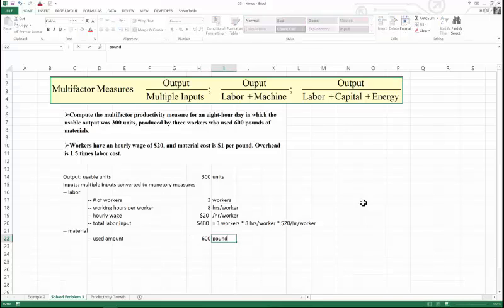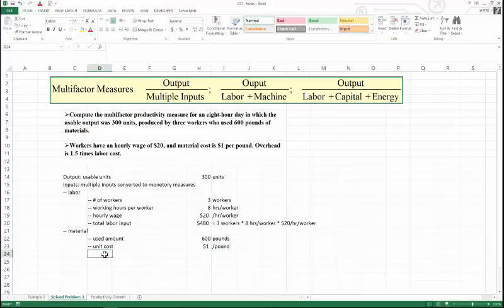Then we must convert it into dollars. Another piece of information we must have is the material's unit cost, which is $1 per pound.